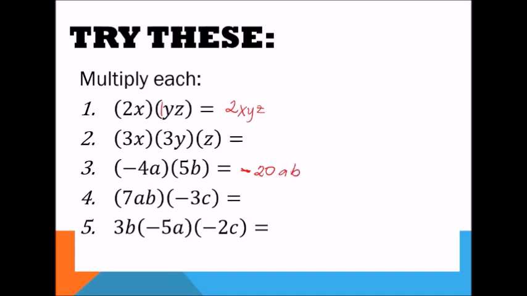If you are given 3 integers, so we have 3 times negative 5 times negative 2, all you have to do is multiply the first two first, then multiply the result by the third. So 3 times negative 5 is negative 15. Then negative 15 times negative 2 is positive 30.